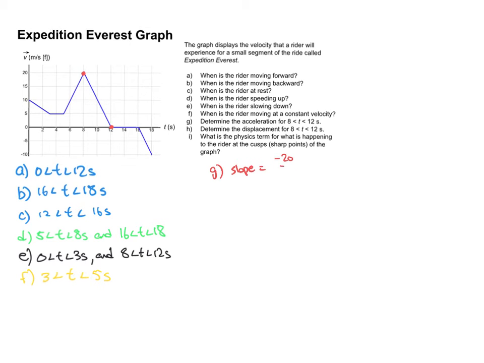And the run, so it goes from 8 to 12, so the run would be 4. Here, I'll say 12 minus 8, just so you know where the 4 came from. So it's negative 20 divided by 4, and that would be negative 5.